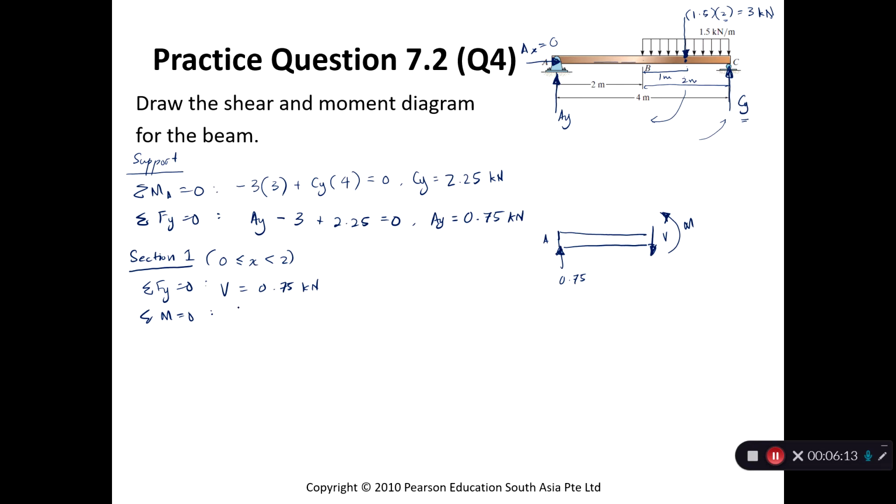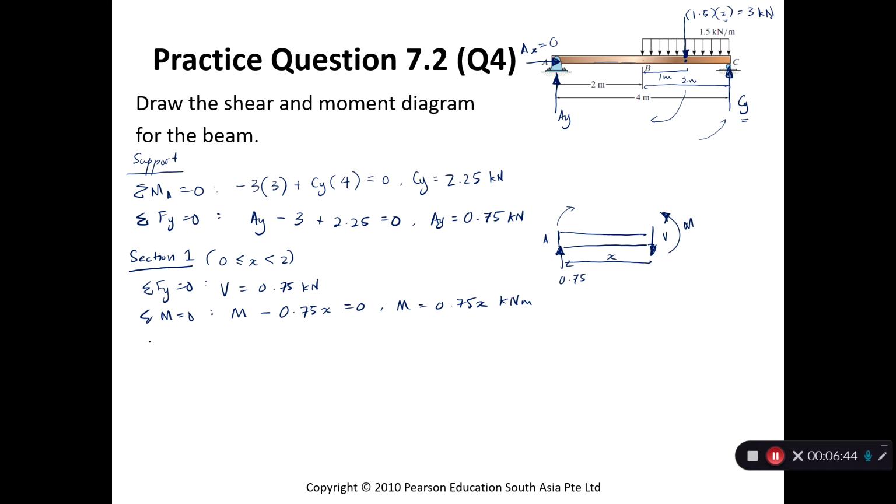So we have the moment itself, and then the force AY will cause a clockwise moment. So that's a negative. Yeah, this one will turn clockwise. So negative 0.75. The length is of course x. Okay, so moment is 0.75x kilonewton meters. Let's just write the distance here, x.